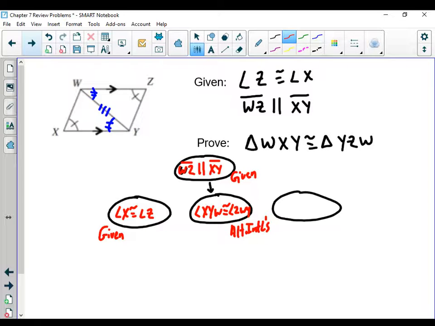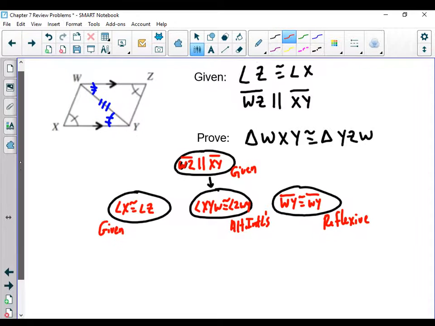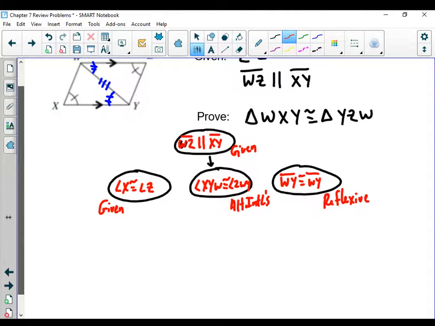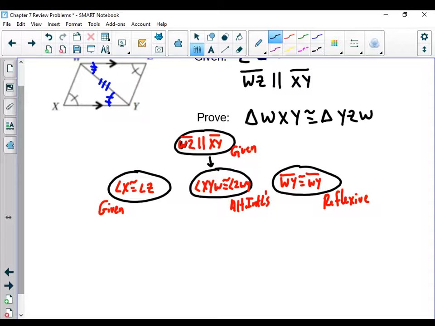The third statement was that reflexive side, so WY is congruent to WY. That was true no matter what as well, so I didn't have to draw an arrow from the parallel lines for that one either. Well, those 3 pieces put together gave me enough information to say my proof statement.